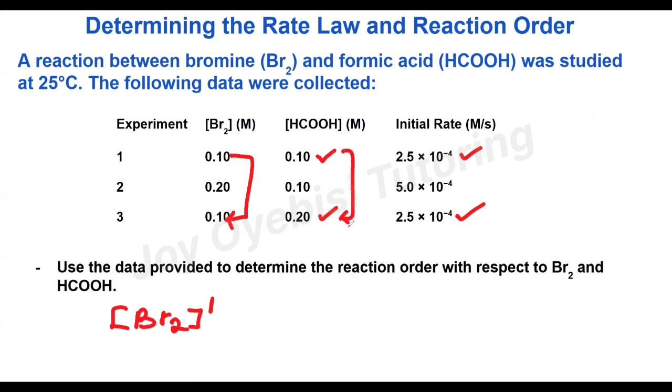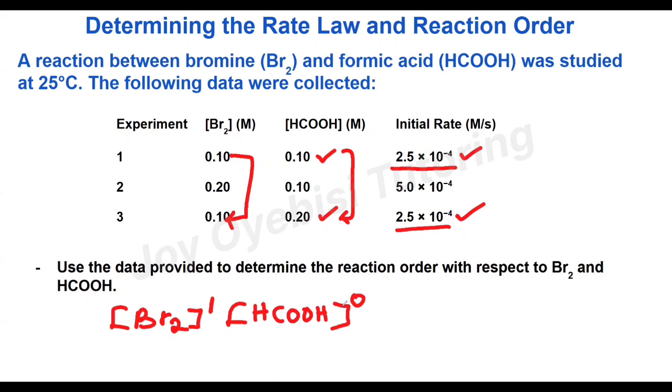It went from 0.1 to 0.2. That's doubling, while the initial rate remained constant. Nothing happened. When you have such a situation, it means that the reaction is zero order with respect to formic acid. Okay, zero order.